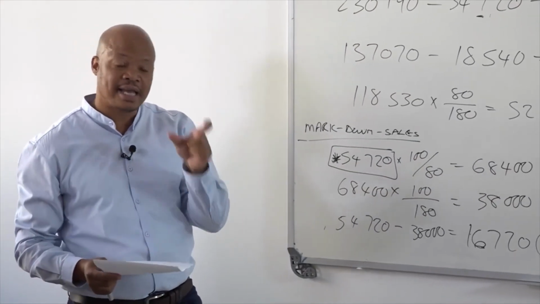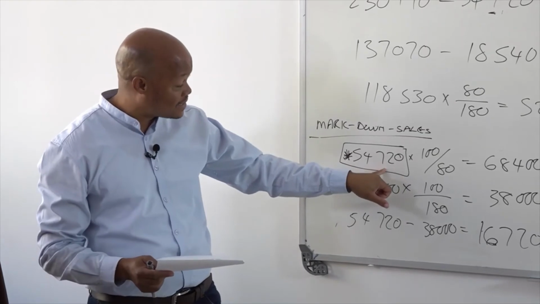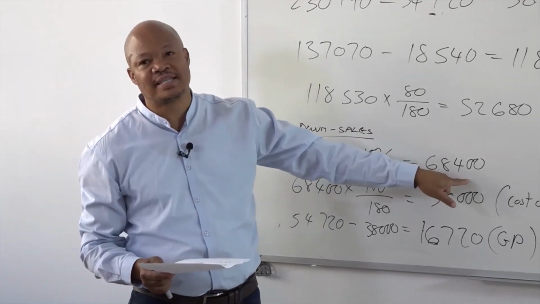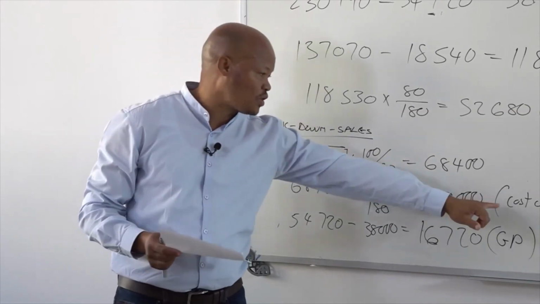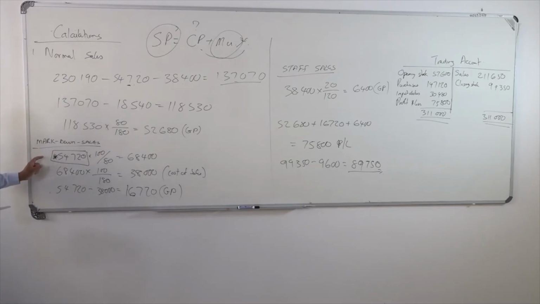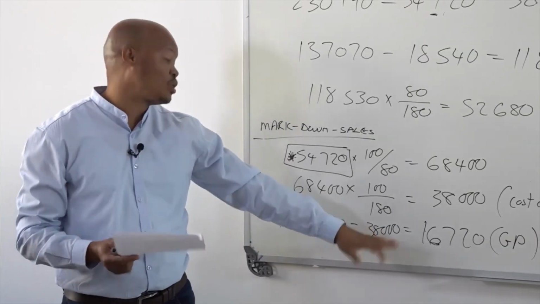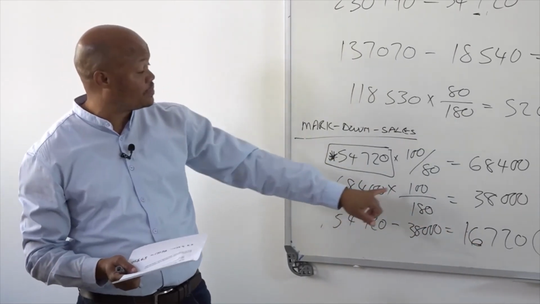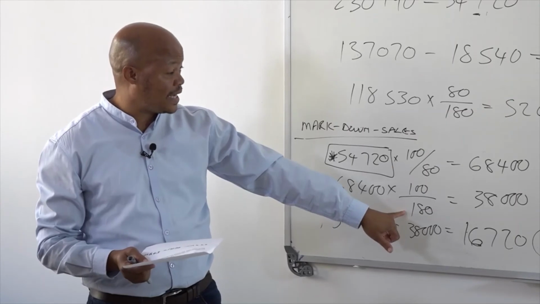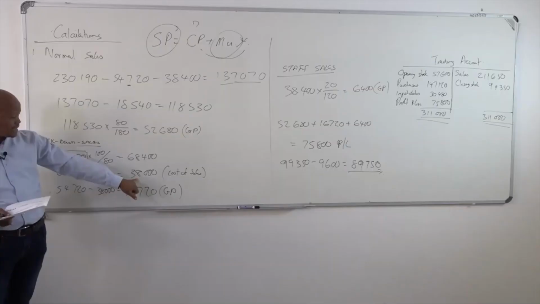Now, the 68,400 and the 54,720 are sales. This is original sales, the expected sales if there was no discount of 20%. Now, when you calculate your cost of sales in the next step, do not use the 54,720 of the actual sales, but use the 68,400. You need to get your cost of sales first before you can subtract your cost of sales from your sales, which will give you your GP. 68,400 multiplied by 100 divided by 180 gives me cost of sales of 38,000.